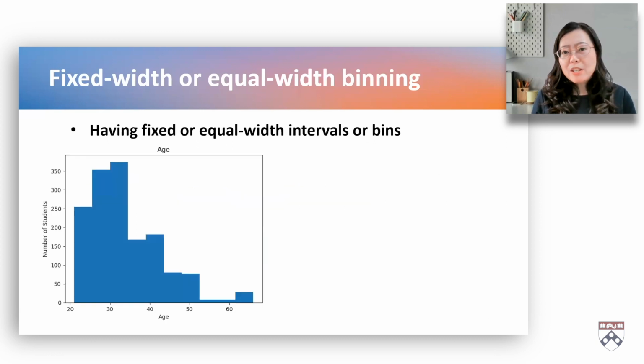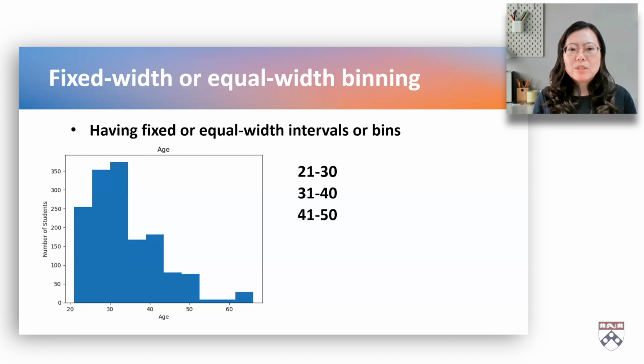This is the student's age variable. It is a positive skewed distribution with sparse data after age 50. We can generate a new categorical variable with 5 levels, having age ranges such as 21 to 30, 31 to 40, 41 to 50, and so on.